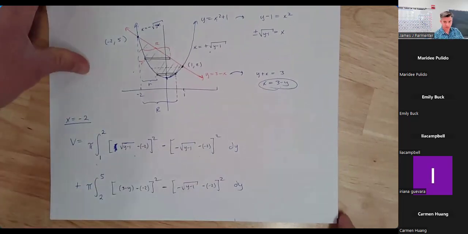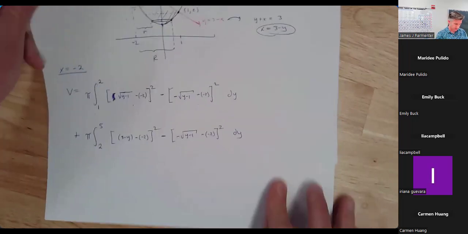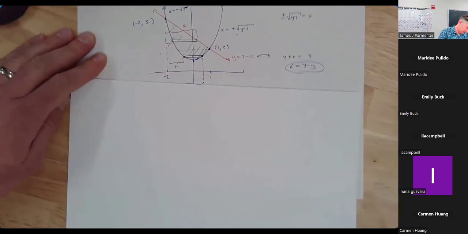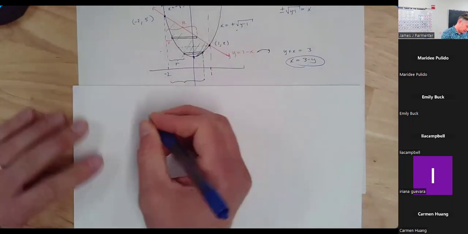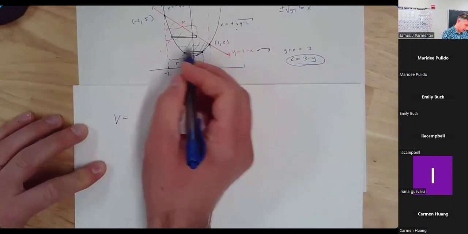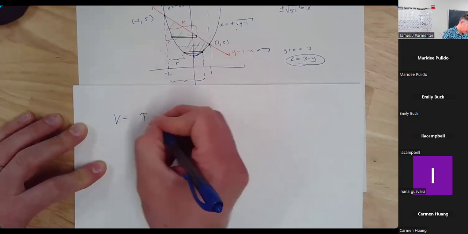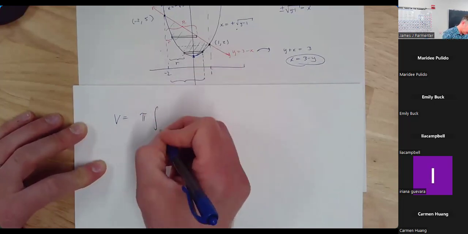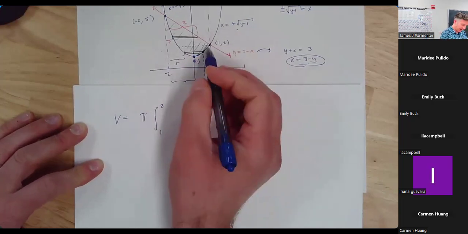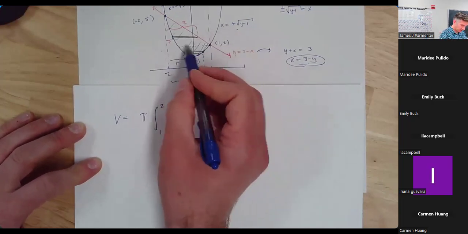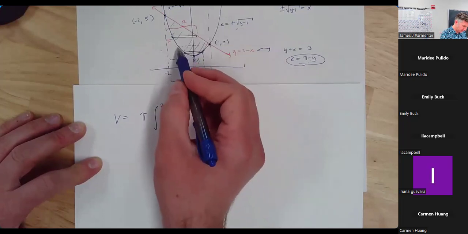So then to answer the very last part of this very long question, we would go around this axis here. So the volume would be, so for the bottom half, it's going to be pi times the integral from a low of 1 to a high of 2. And now my outer radius is going to be the difference between my axis of rotation and the further away function.